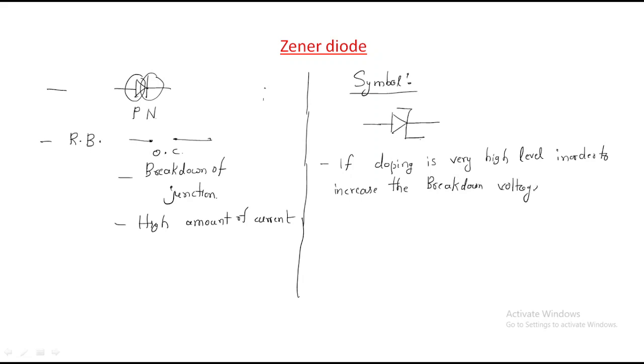Then automatically we will get a larger amount of reverse current.